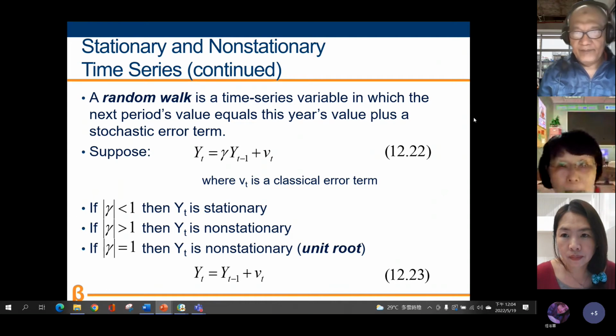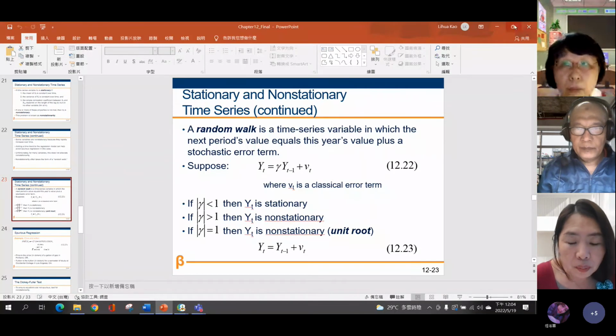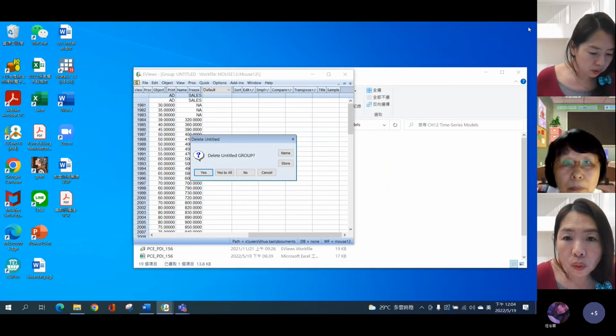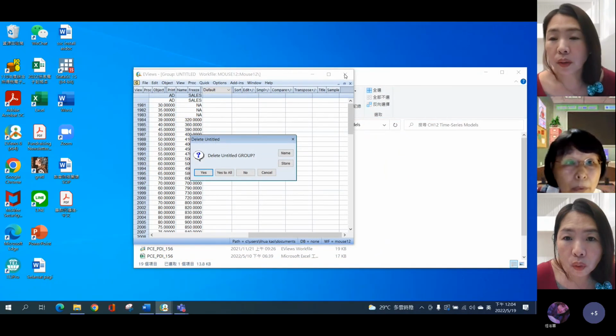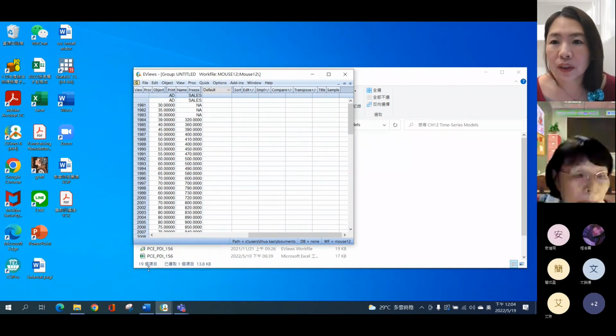Any questions? Professor, we are not able to download the notes about the Granger causality. Do you think you can put it in the Line group so we can download it?